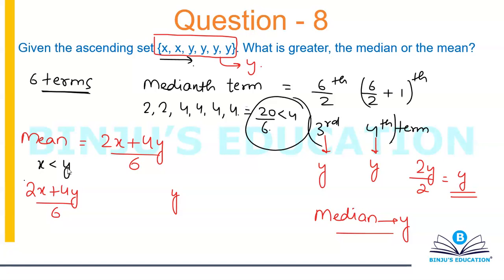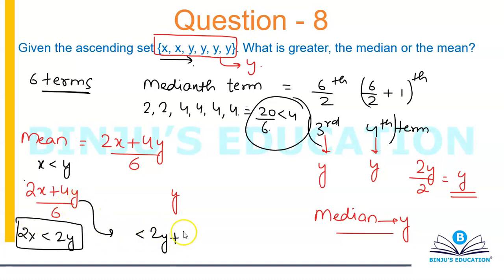I know that x is less than y, which means 2x will be less than 2y, so this mean will become less than 2y plus 4y divided by 6, which will be less than 6y divided by 6, which is less than y, yes or no?